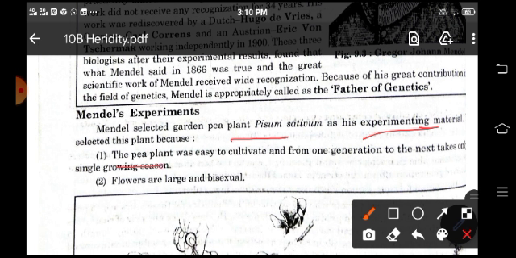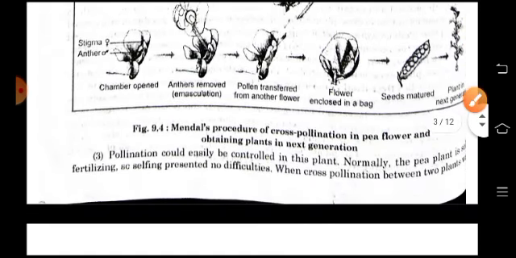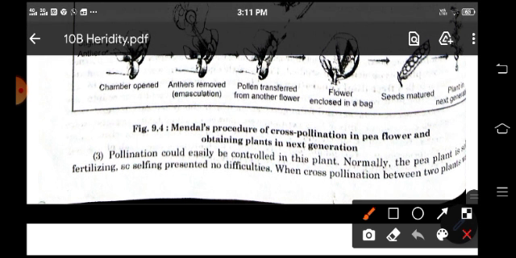Because the pea plant was easy to cultivate, and going from one generation to the next takes only a single growing season. Flowers are large and bisexual in nature. Pollination can be easily controlled in this plant, and normally the pea plant is self-fertilizing, so selfing presented no difficulties.